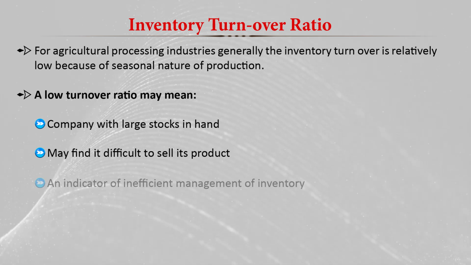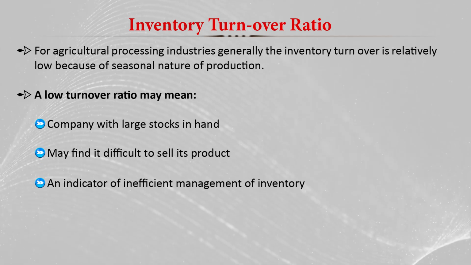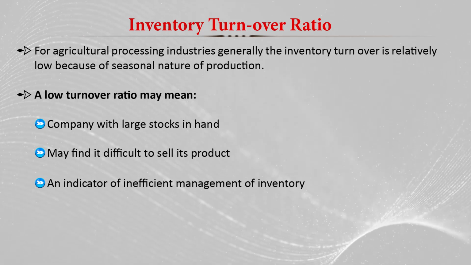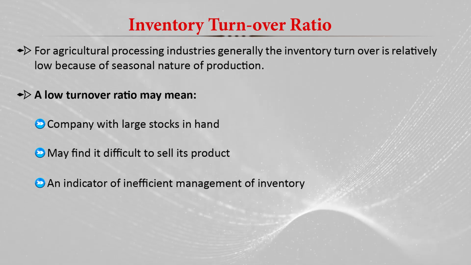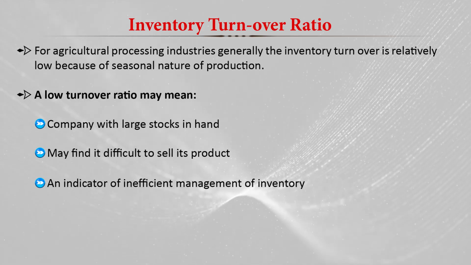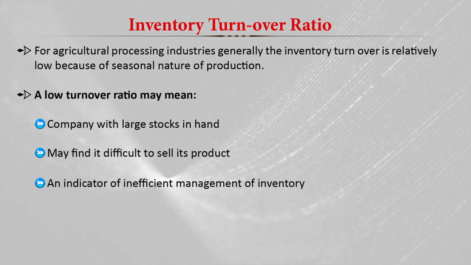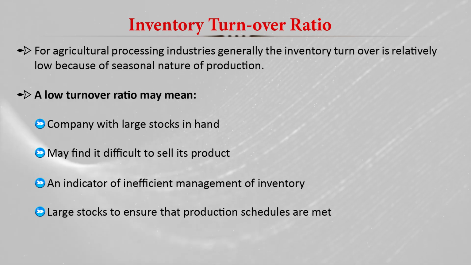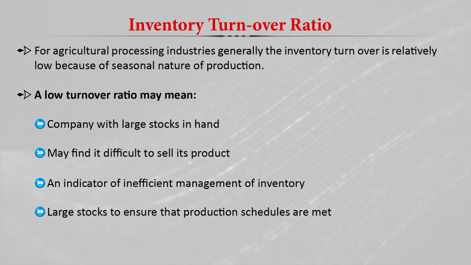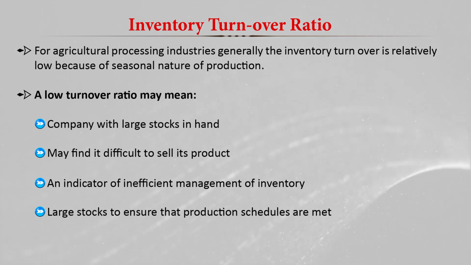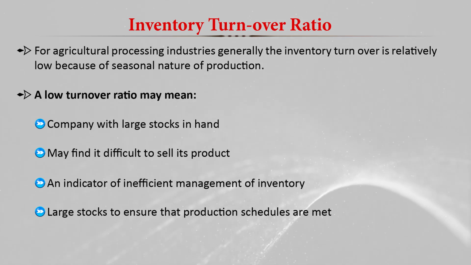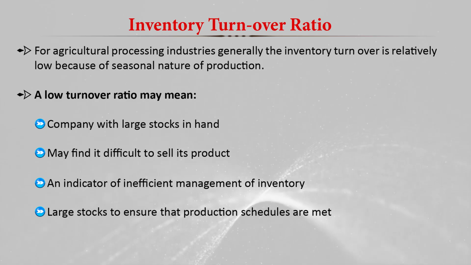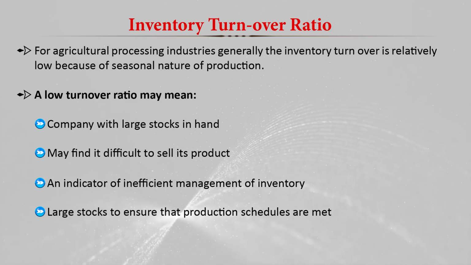It is also an indicator of inefficient management of inventory, because we have large stock available for selling, but we are not able to sell. Sometimes a large stock of inventory is to ensure that production schedules are met. So actually, in order to follow the production schedule, sometimes we have large inventory.